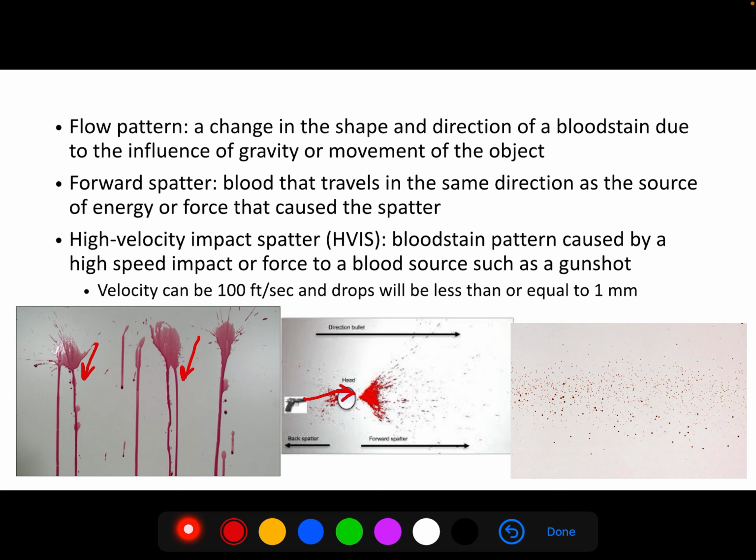The velocity of these blood droplets can be 100 feet per second, and the droplets tend to be less than or equal to 1 millimeter. So this ends up resulting in a lot of very tiny droplets whenever it is a faster moving source.